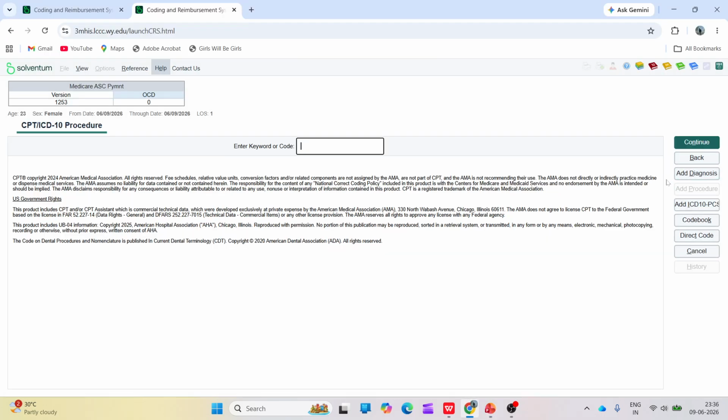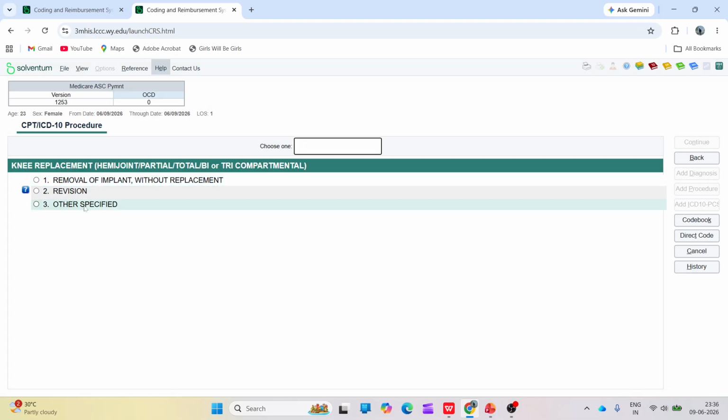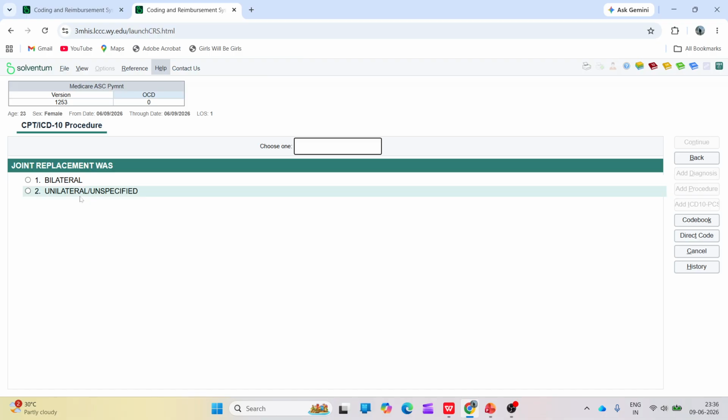TKA, that is total knee replacement, or total knee arthroplasty. Other specified unilateral. Is there computer assisted surgical navigation? No. With intraoperative knee replacement sensors?